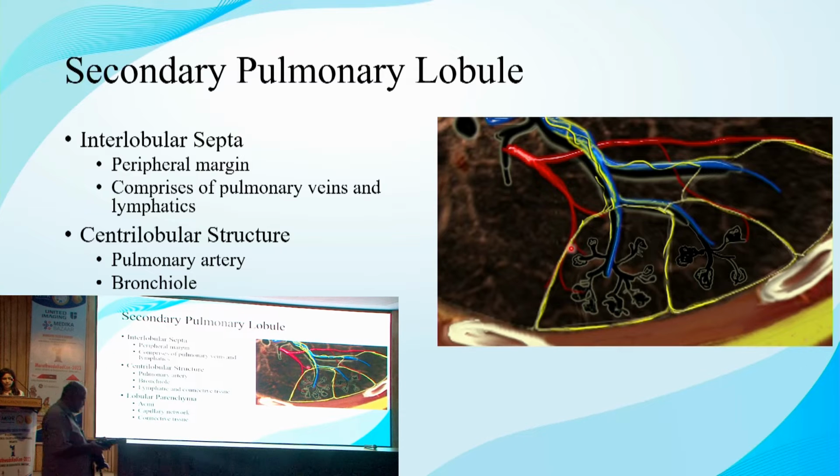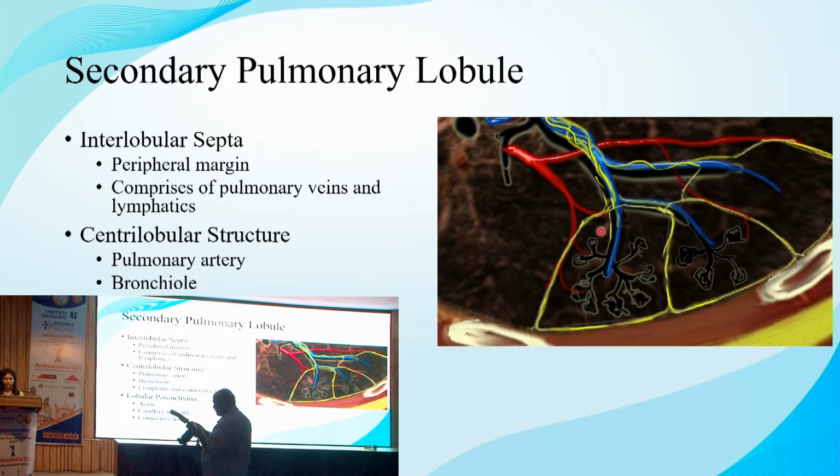Now the interlobular septa form the boundary or periphery of the secondary pulmonary lobule. It consists of two structures. The one highlighted in yellow is the lymphatics, and the one in red is the pulmonary vein. So pulmonary vein and lymphatics are present at the periphery of the lobule.